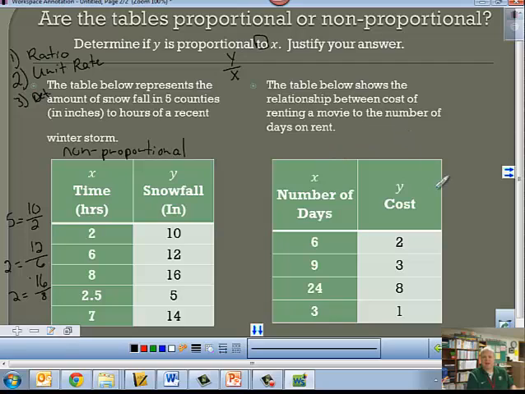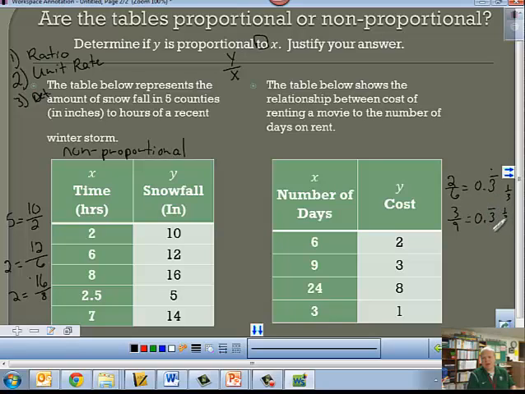Y to x. So I have 2 divided by 6, and that is 5/10. No, it's not. It is 0.3 repeating. I have 3 over 9, and that would also equal 0.3 repeating, or 1/3.